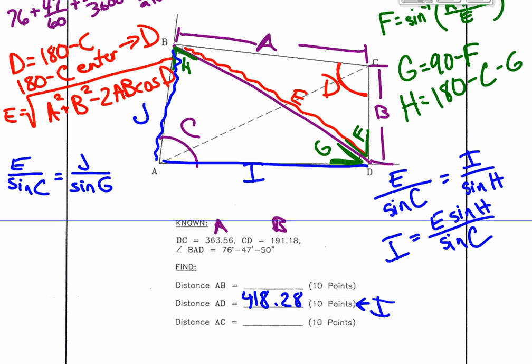Okay, that's capital I. So I have an error there. And then capital J should be E sine G over sine C. And J should be 281. Is that better? 281.66. And that's J.